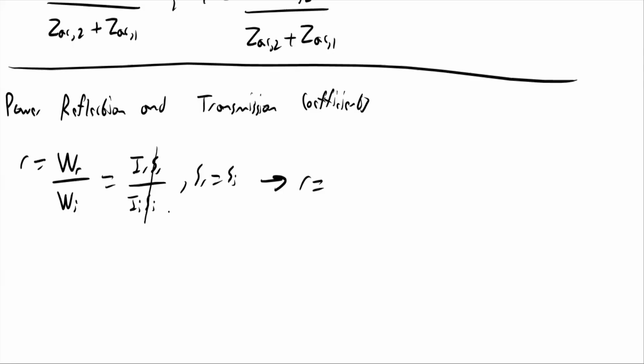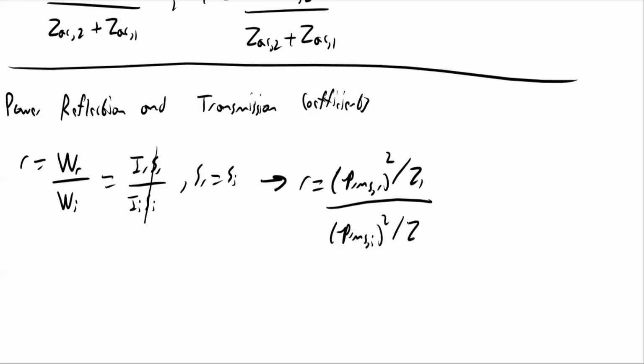Well, we know that for a plane wave, it's PRMS squared divided by the characteristic impedance of the medium, rho naught c naught. So we have PRMS of the reflected wave squared over Z1 divided by PRMS of the incident wave squared divided by Z1.